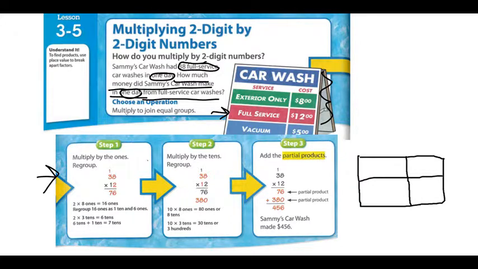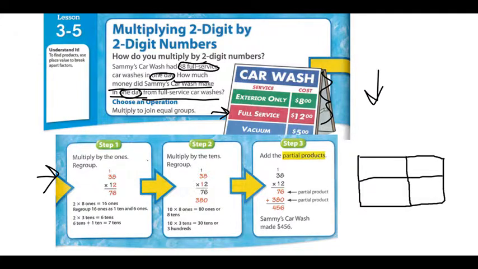All right, so this is the traditional algorithm. However, there are partial products in the traditional algorithm when you're multiplying 2-digit by 2-digit numbers. I drew this little picture over here to break it down even further into more partial products. So I want you to see it differently.